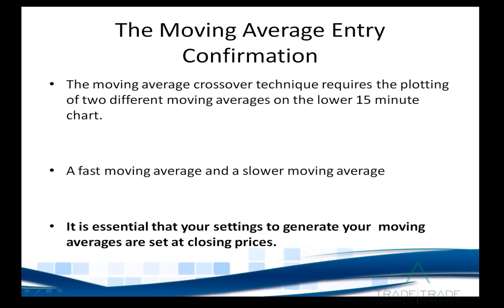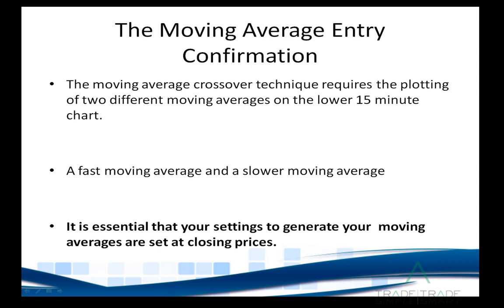So the moving average crossover technique requires the plotting of 2 different moving averages on the lower 15-minute chart, a fast moving average and a slow moving average. Now, once you have chosen your moving averages, it is essential that your settings to generate your moving averages are set at closing prices. And that is a very important point, because moving averages are notorious for crossing and uncrossing.